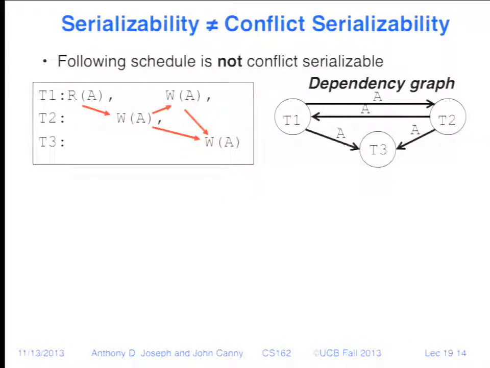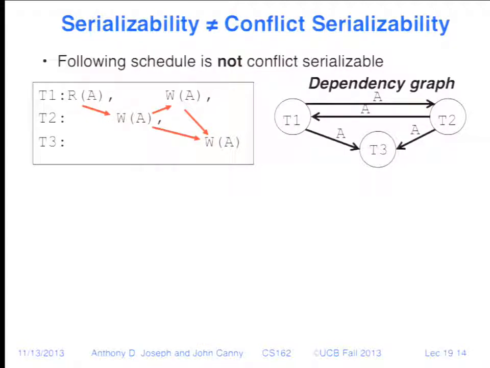So we get these two dependency arrows based on A there. But then in addition, because of the bottom right for T3, both T1 and T2 do write to A as well. Both of those writes lead to these dependencies from T1 to T3 and T2 to T3. So the cycle part is here between T1 and T2.